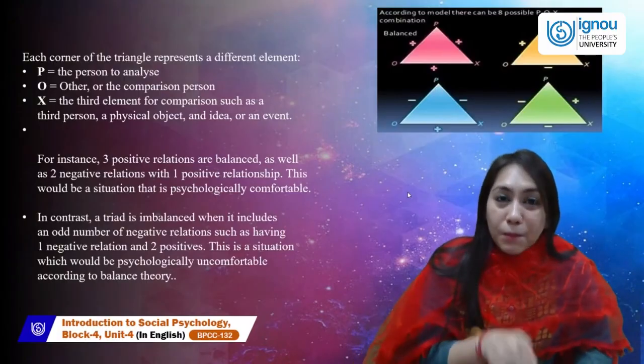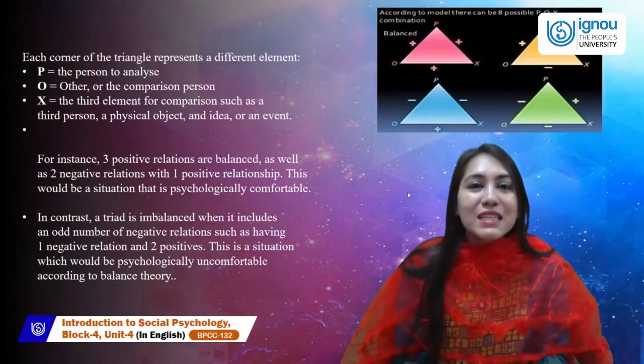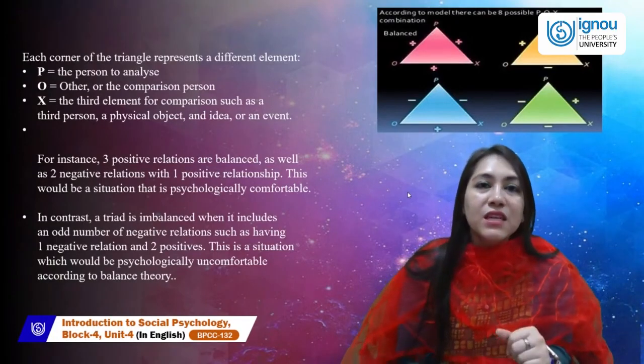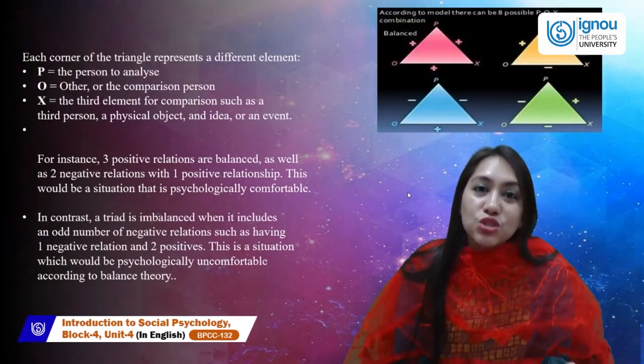Now P does not like X. X is dowry. Dowry is the event or attitude, an object, event, or situation that we probably need to change.